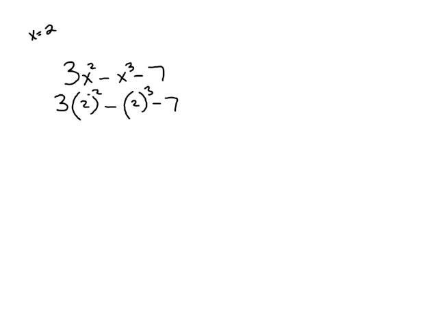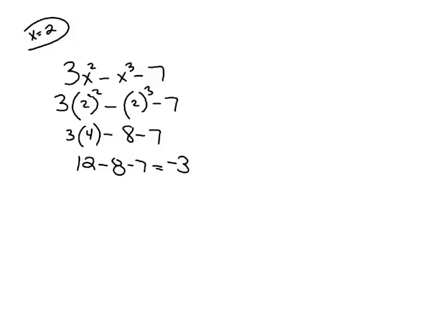So 2 squared is 4. 2 cubed, 8. 3 times 4, 12, minus 8, minus 7. That's my answer. So the only tricky part is putting in the set of brackets and substituting in what I'm given for the variable.